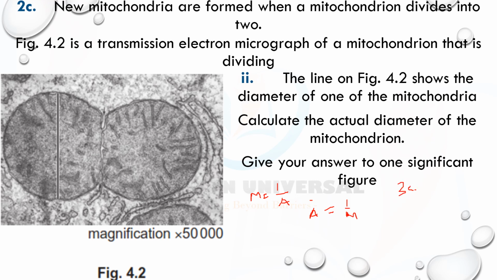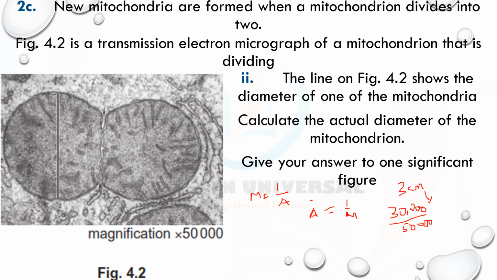How do you work on that? Multiply by 10,000. So it will give you 30,000 micrometers over magnification. Magnification is already given to us, which is 50,000. So 30,000 divided by 50,000.